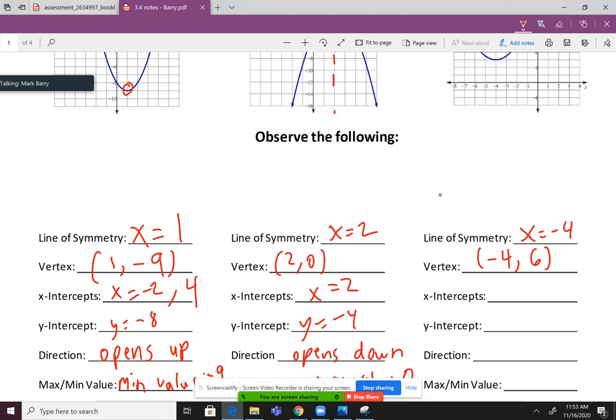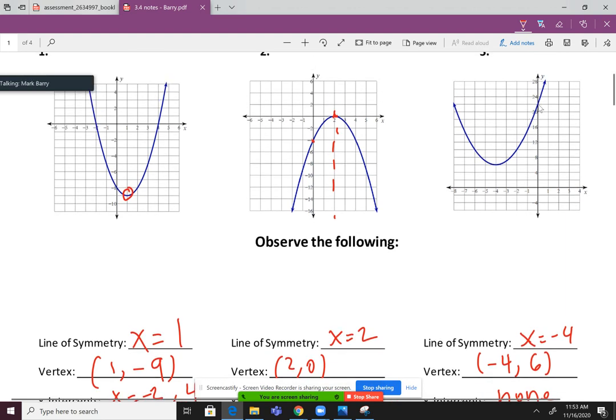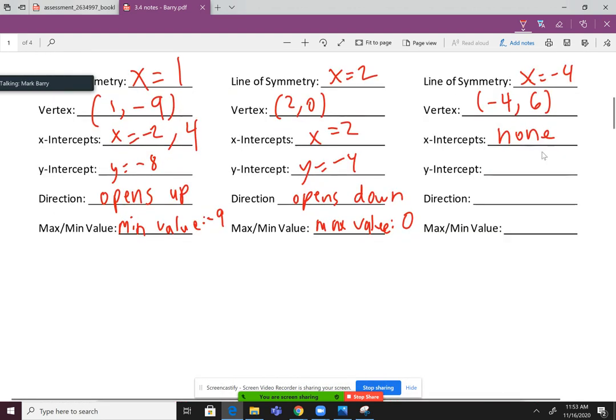Trick question for x-intercepts here. I'm going to say none. And I did say last time that that's possible. If you put, I don't know, NA or, yeah, they're not there, whatever. There's no x-intercepts. Y-intercept looks like it's up here at 22.